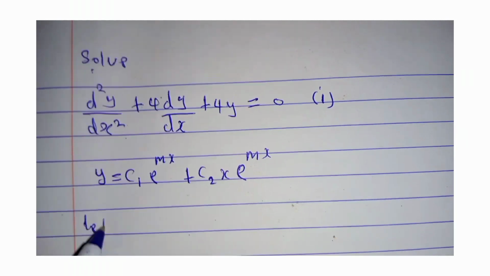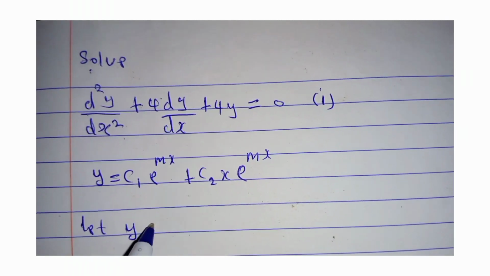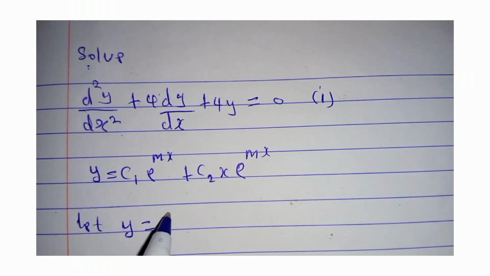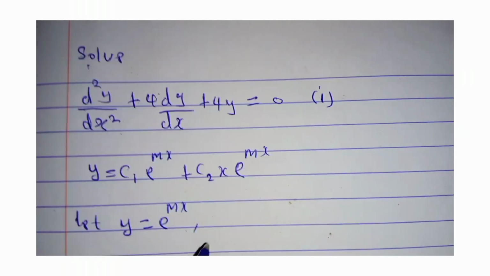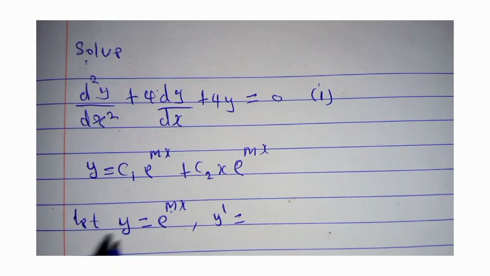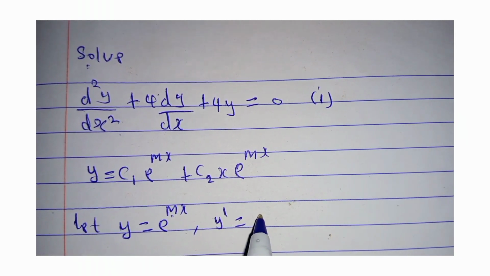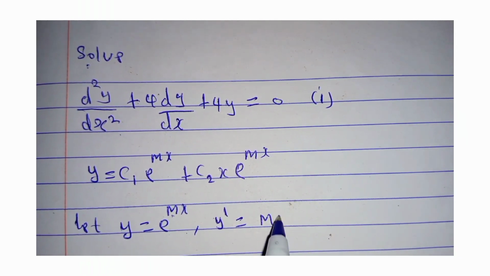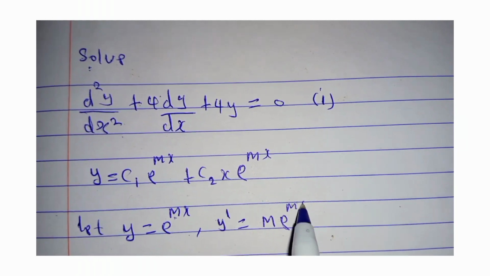You let your y be equal to exponential mx. Then you get your y prime, you differentiate this, which will give you m exponential mx.